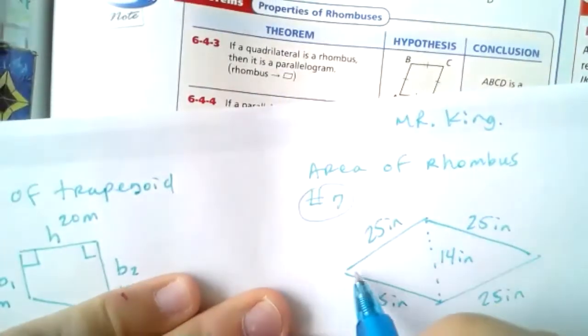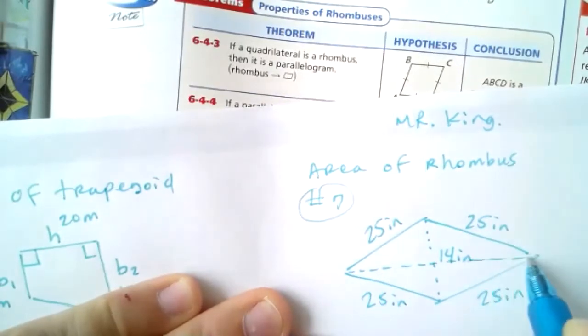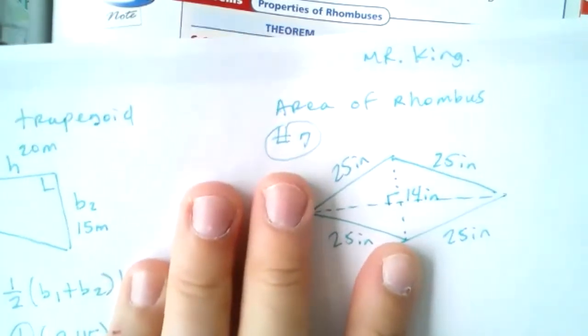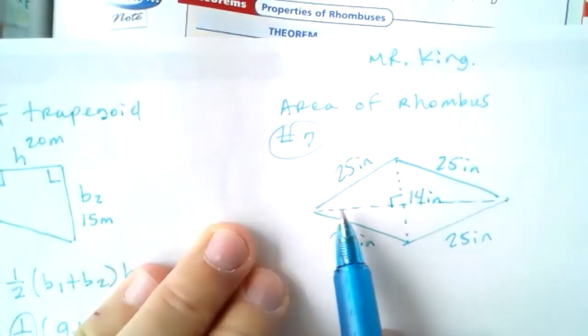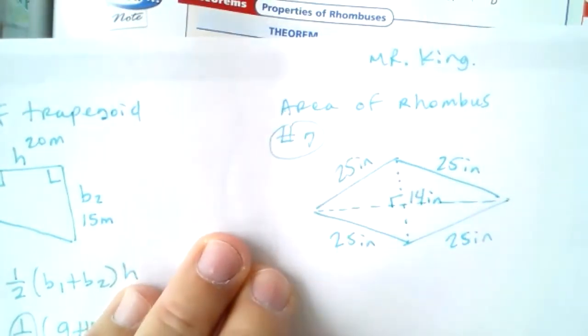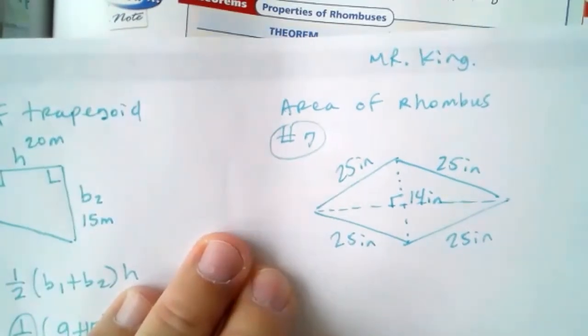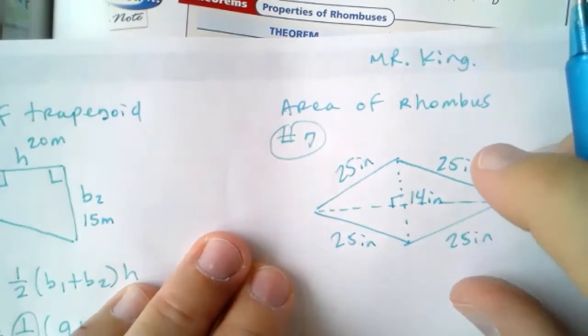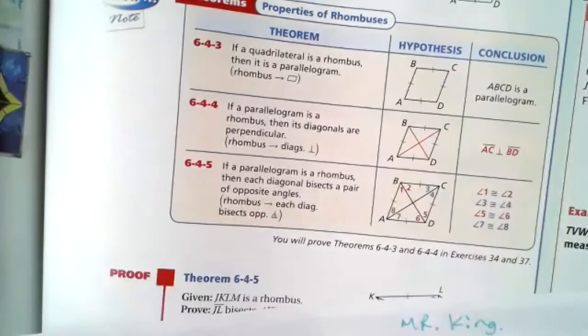That means these guys are right angles to each other. This length across is 14 inches. Now, is this length right here 14 inches? Well, let's double check.